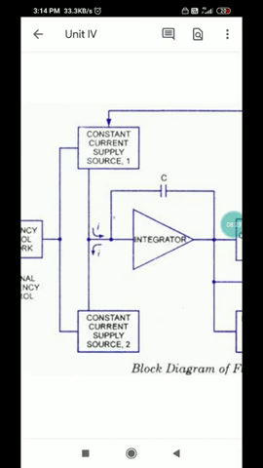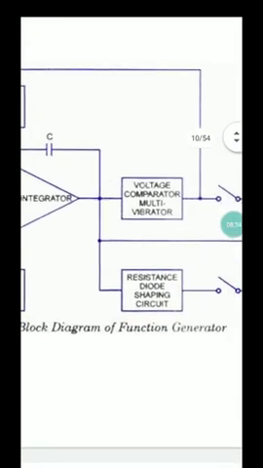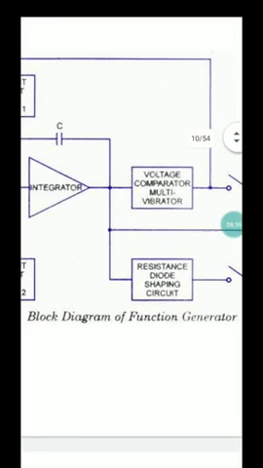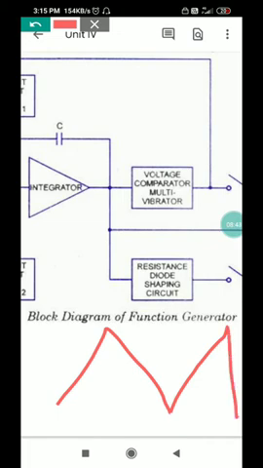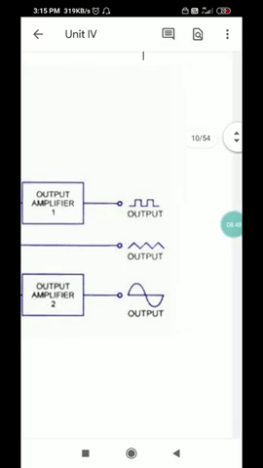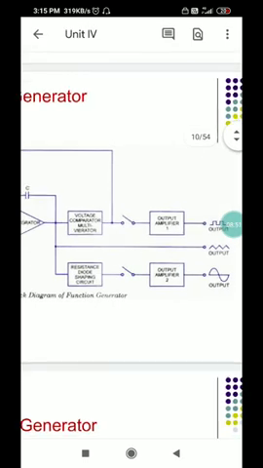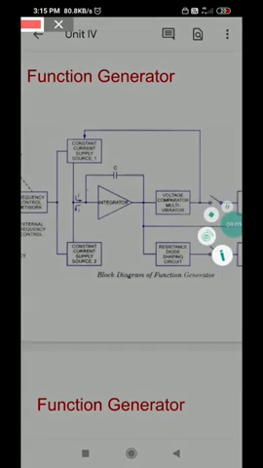For triangular wave, CCS1 charges capacitor C and CCS2 discharges the capacitor C. So the simple waveform is triangular, it continues. If you let this waveform go out as it is, you will get a triangular waveform. For sine wave, the CCS1 and CCS2 as usual charge and discharge the capacitor.